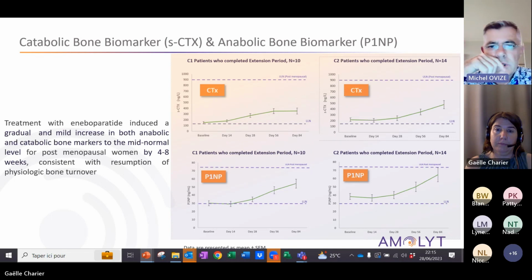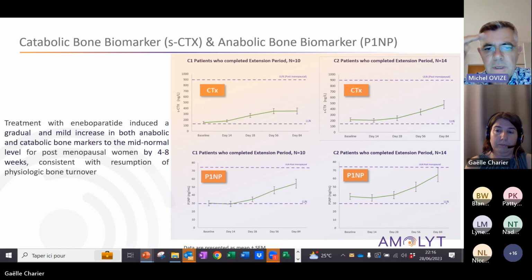And what you see here is that during the 3 months treatment period, you have in this example a moderate, progressive, and balanced resumption of bone turnover.